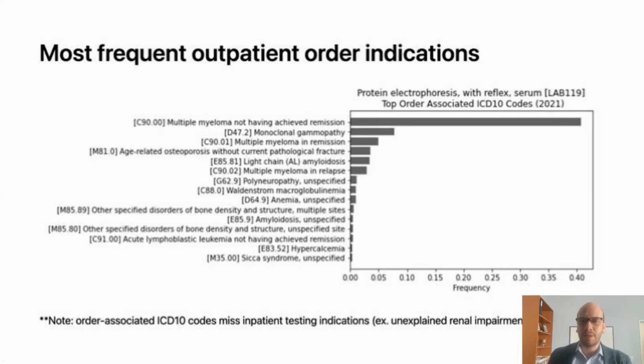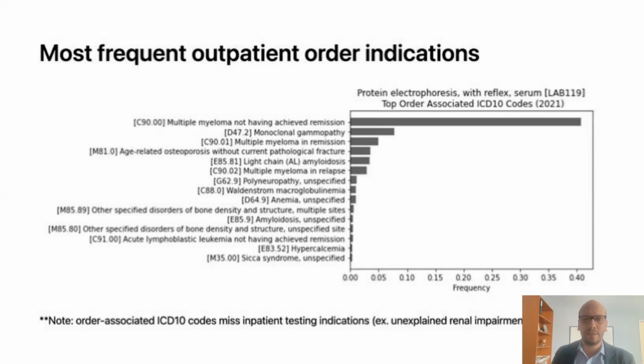Associated with that fluctuation in volume, there's also fluctuation in the indication for testing. Obviously, our myeloma clinic days, we're seeing primarily patients with a known diagnosis of myeloma or another monoclonal gammopathy. And those are the greatest fraction of our orders. On other days, we might see orders from neurology working up polyneuropathy, or from endocrine working up bone disease or hypercalcemia.